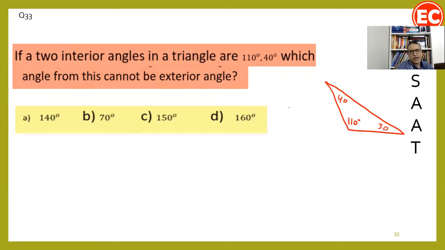The exterior angle here is 70. Exterior angle here is 140. Exterior angle here is 150. So which one of them cannot be the exterior angle? I think 160. Yes, because the interior angles are 30, 110, and 40. This is direct substitution for the exterior angle.